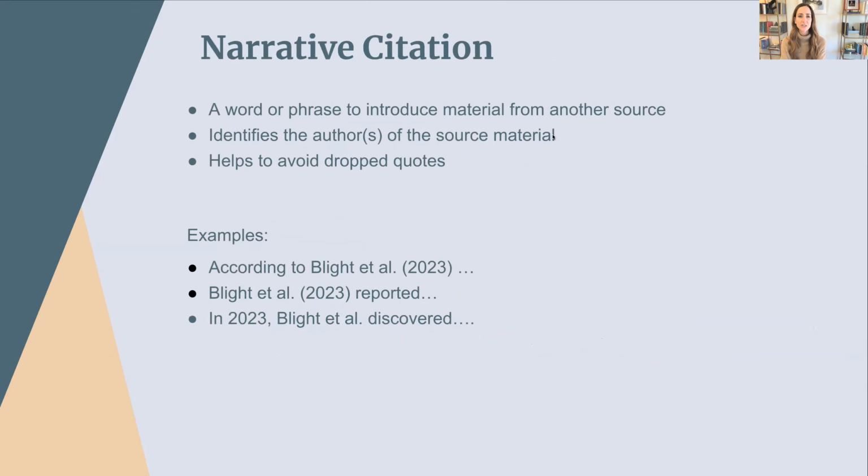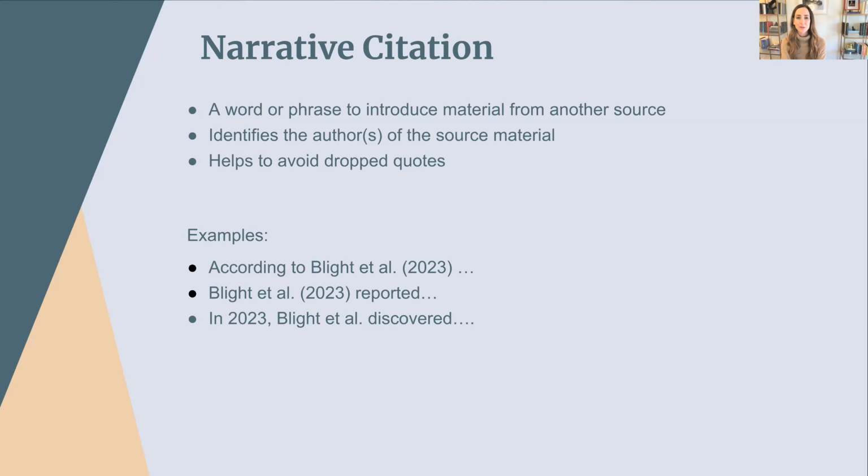A narrative citation is using a word or phrase to introduce material from another source. You're identifying the authors of the source material in the narrative citation. And then using these helps you to avoid dropped quotes. Like I said, we don't want a full sentence that's just a citation. We want to include a narrative citation to introduce that source.